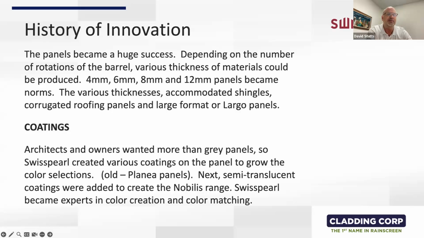And so with that, we started off with just a straightforward gray core panel. And then from there, they started adding different coatings. The gray core was commonly used both in a corrugated and flat panel approach, but then they did shingles and so forth. Then from there, they started doing different coatings, and they created a whole category of different products.